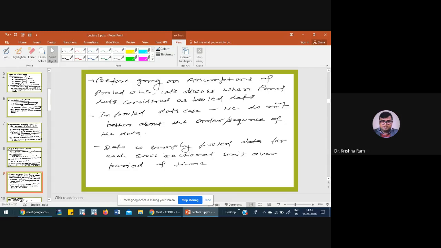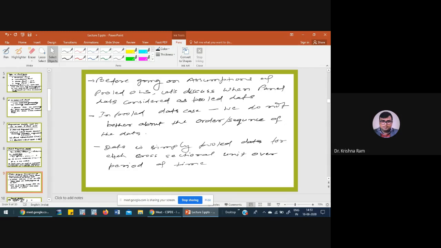So we can say in the pooled case, we simply collect cross-sectional unit values and time series values, and combine those values either using Excel or any other software, and make our data set.